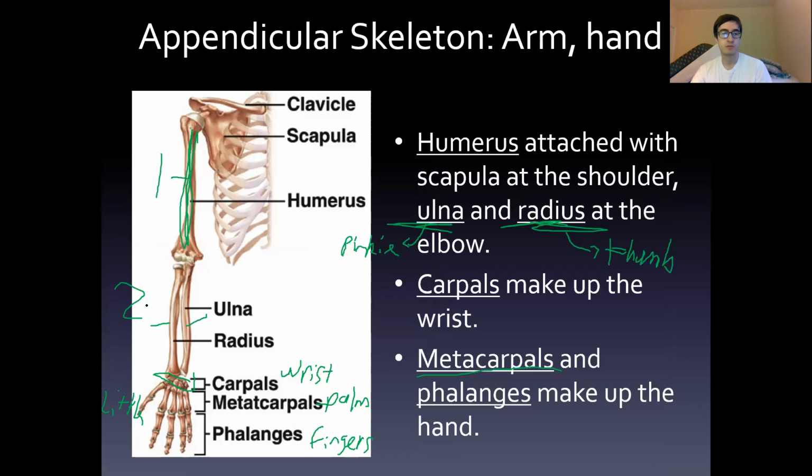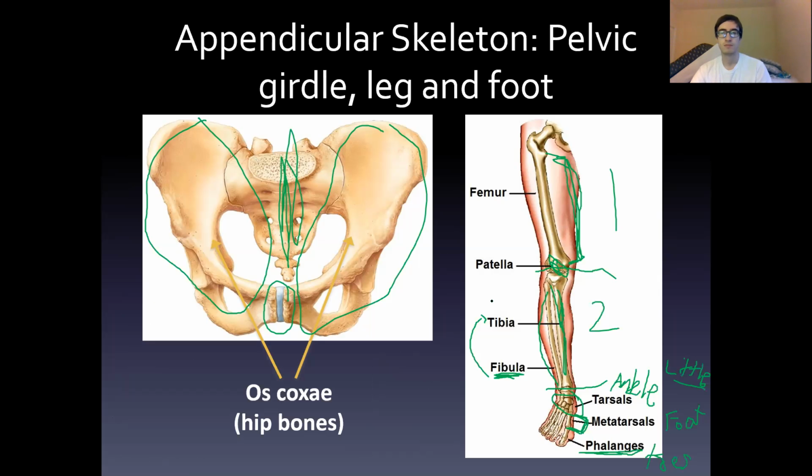One bone, two bones, lots of little bones. So those are the bones of your leg, and the bones of your arm and your leg.